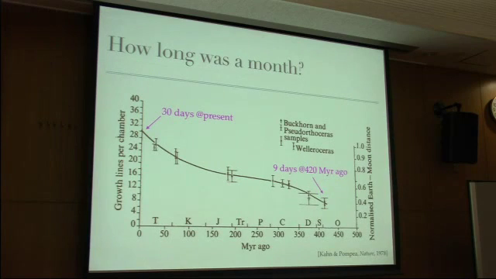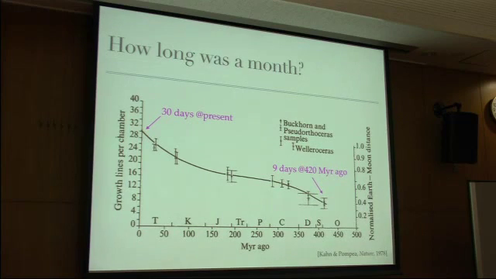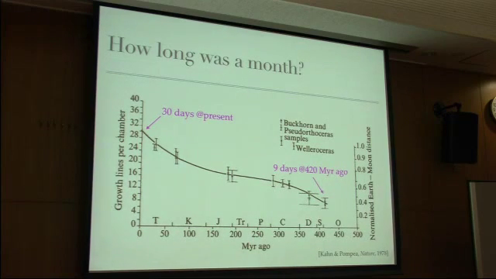So this is their result. The horizontal axis is the age of the fossil shells, and the vertical axis is the growth lines per chamber, which means how long a month was. And the right-hand vertical axis is the Earth-Moon distance normalized by the present distance. So, as you know, the present shells have 30 lines in the chamber, which means there are 30 days in a month, of course.